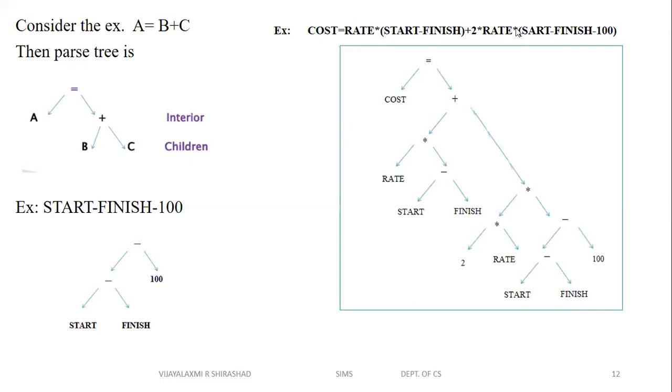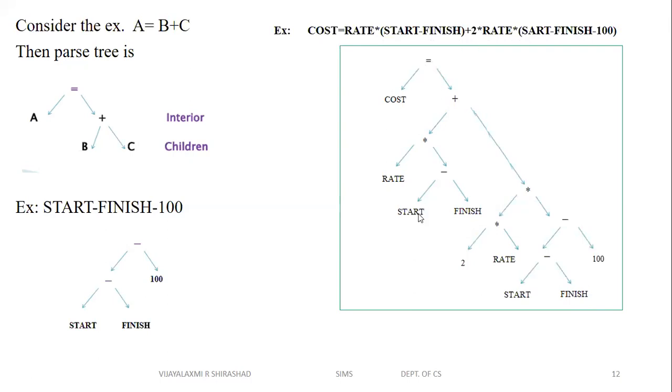Next, moving to the next one, into rate. Here again, I have two multiplications, into rate, into rate. Along with that, I need to multiply 2. So into rate and 2. After that, I will move towards the next operator, plus, again followed by a parenthesis.